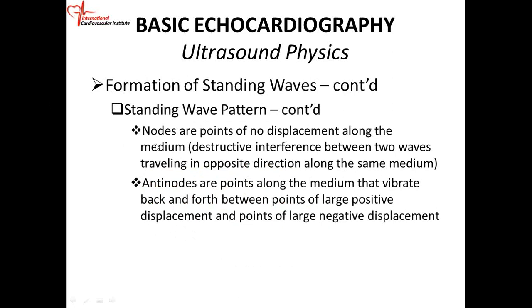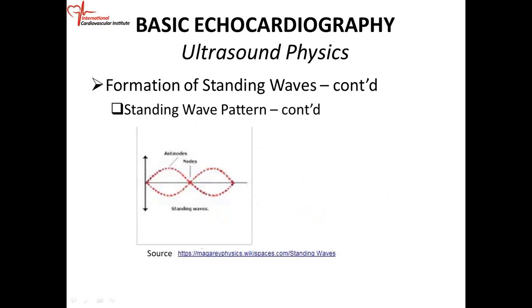Again, the nodes are points of no displacement along the medium. It's destructive interference between the two waves traveling in the opposite direction. For destructive interference, a crest meets a trough, and you get no displacement. That's the definition for nodes. The antinodes are points along the medium that vibrate back and forth between points of large positive displacement and large negative displacement, points of maximum displacement.